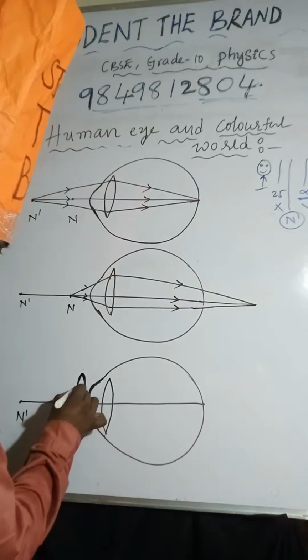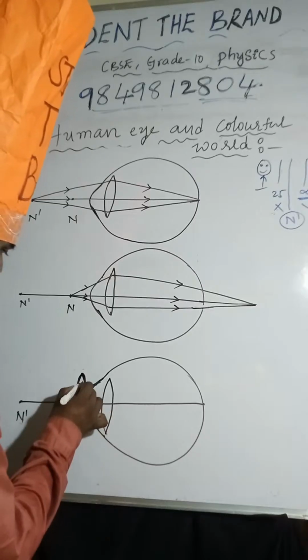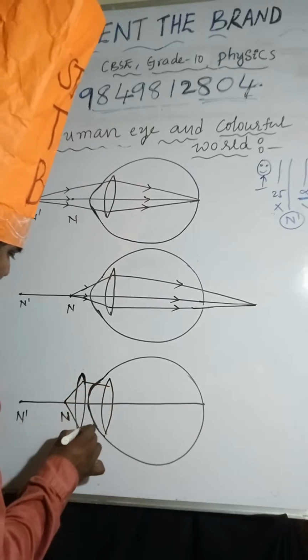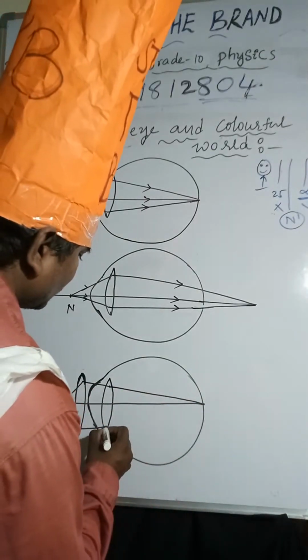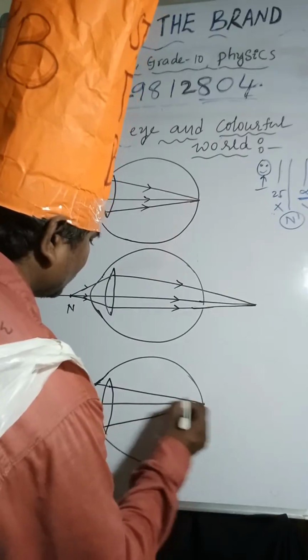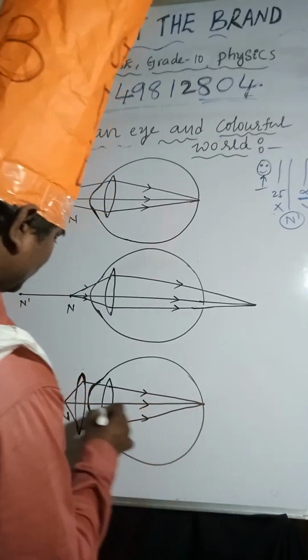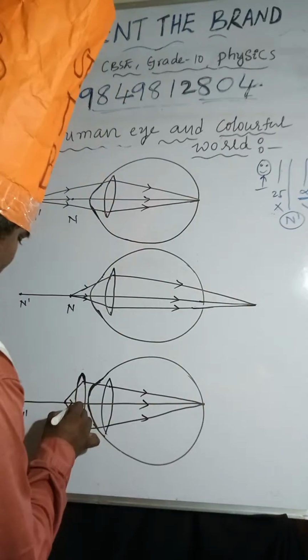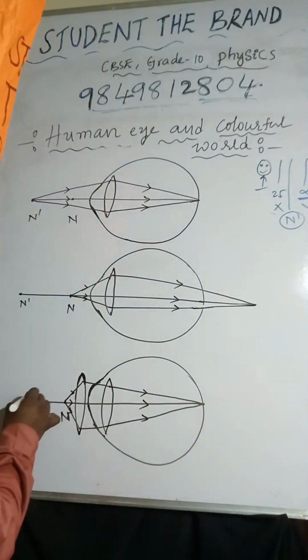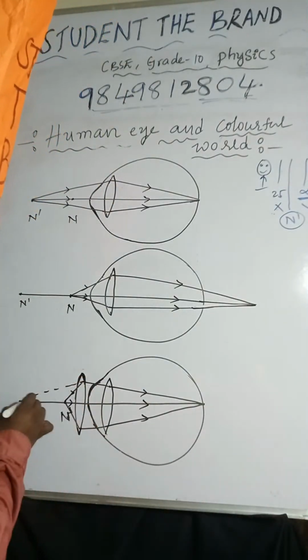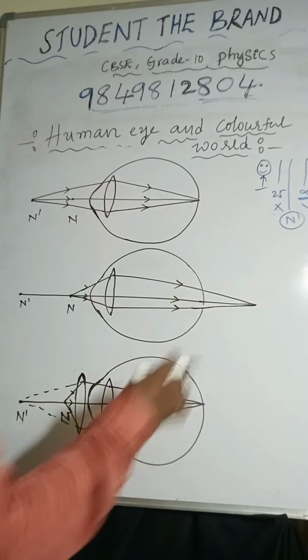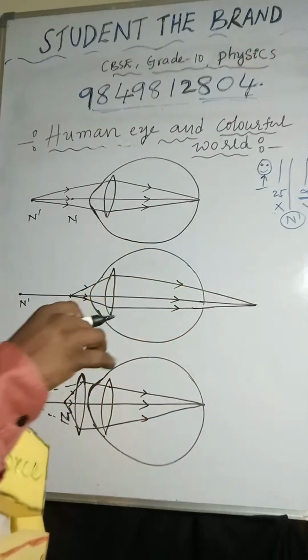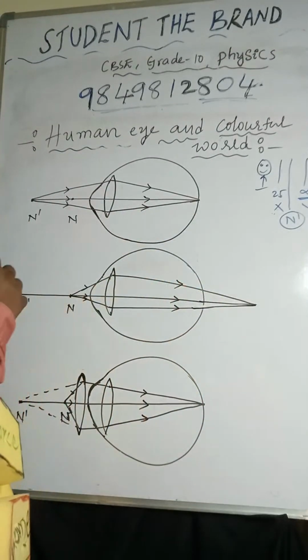Light rays are coming from here. If you extend those light rays, they will meet here, at N dash. This is the near point of the hypermetropic eye.